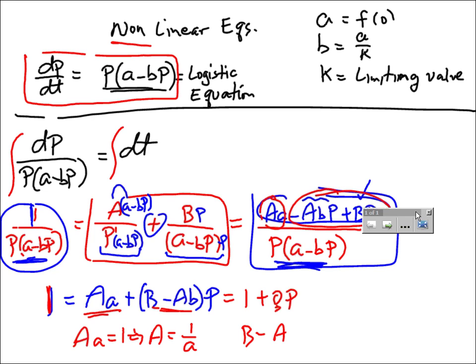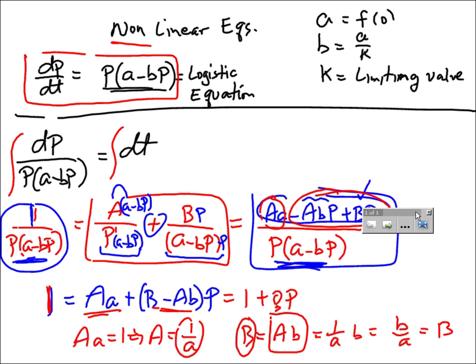B minus A b is 0. That means they're equal to one another. If this minus that is 0, they're equal to one another. But capital A is 1 over a. You have 1 over a times b, which is b over a. So this is what capital B equals, and capital A is 1 over a.